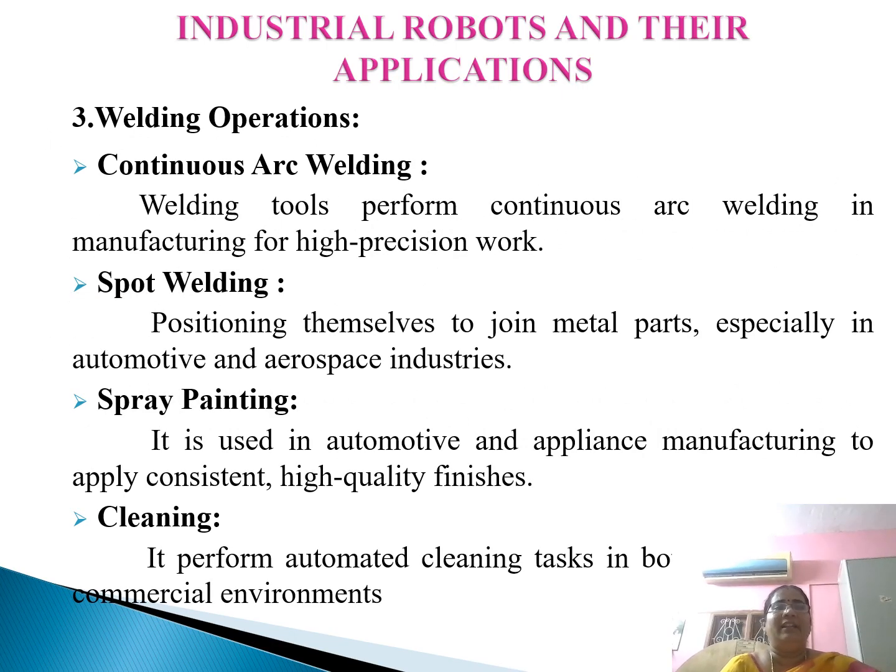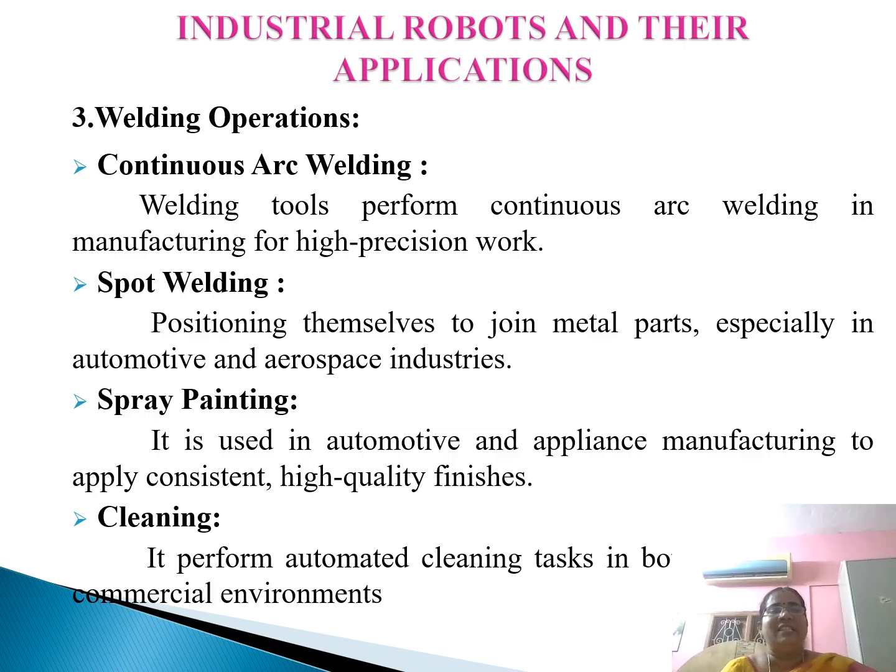Third one is welding operations. Continuous arc welding: welding tools perform continuous arc welding in manufacturing for high precision work. Next, spot welding: positioning themselves to join metal parts, especially in the automotive and aerospace industry.